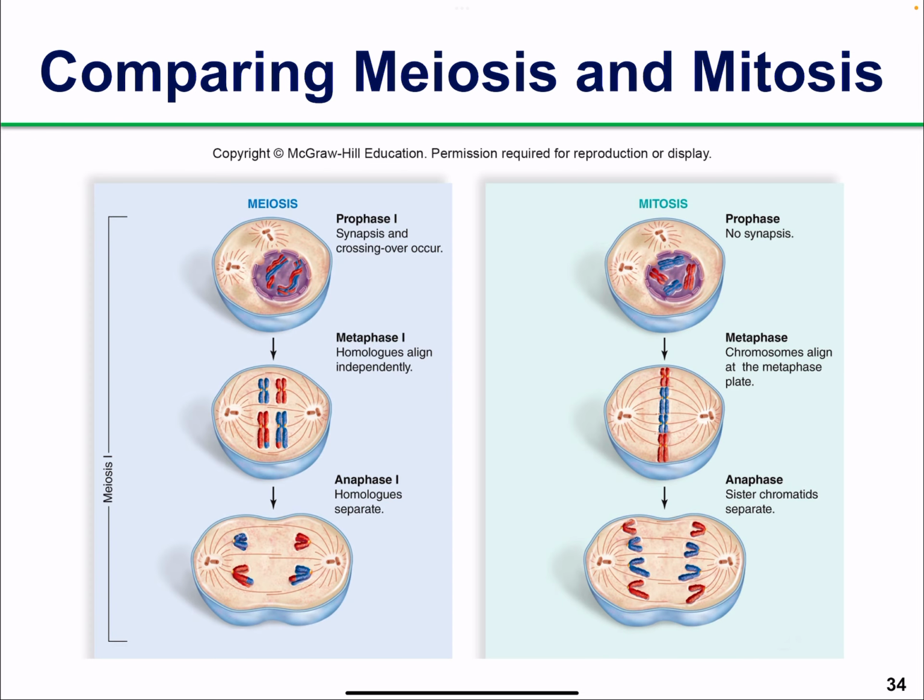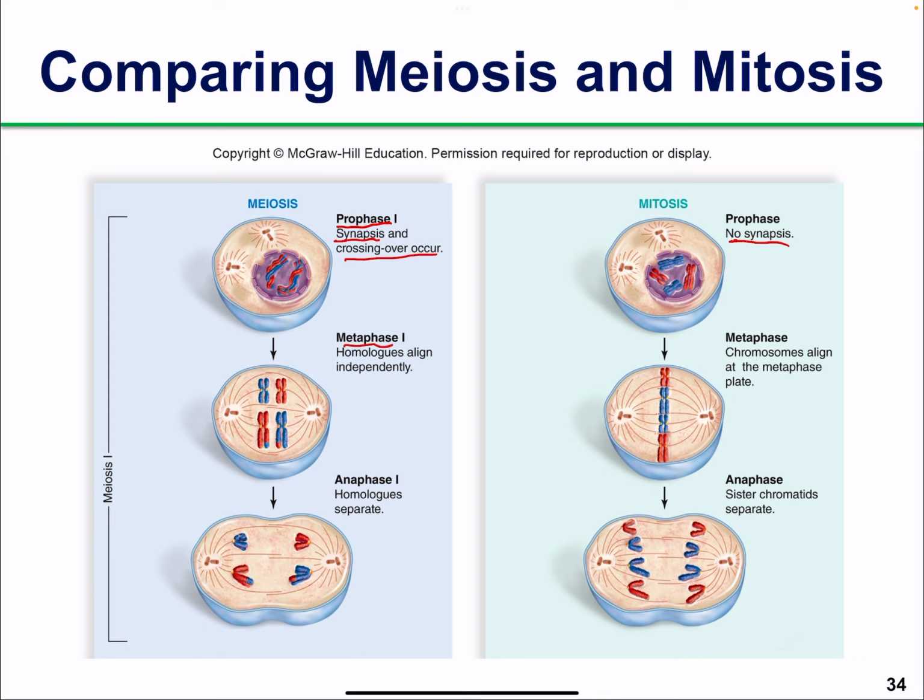So here we have a graphic representation of what is happening during meiosis versus mitosis. In prophase 1 of meiosis, we have synapsis of homologous chromosomes and crossing over, while in mitosis there is no synapsis, right?